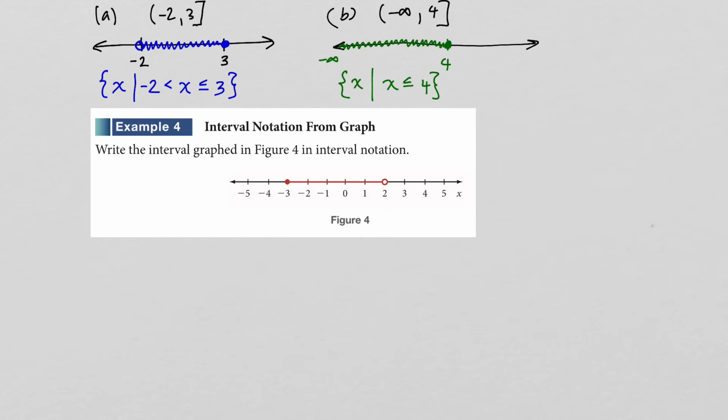So when I go to create the interval there, I'm just going to write the number -3 up to, comma, 2. Notice that -3 has a solid dot there, so that means it's included, and +2 has an open circle. That means it is not included. And so this would be the interval notation for that graph.